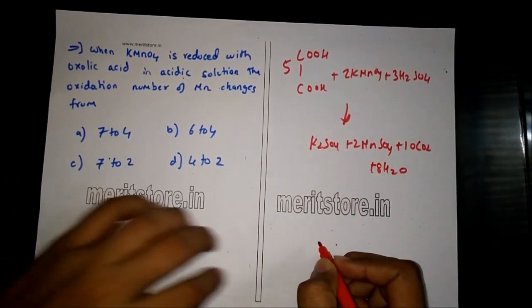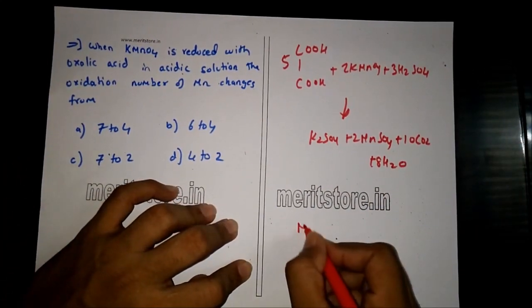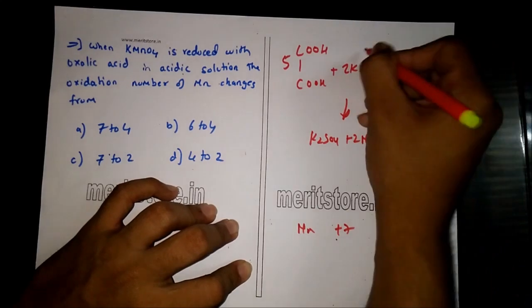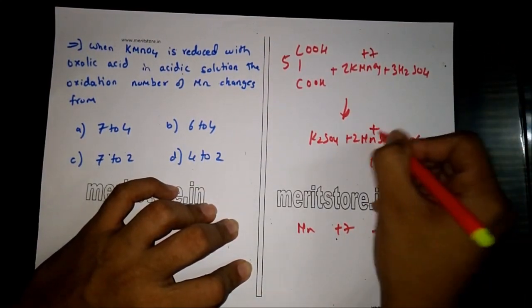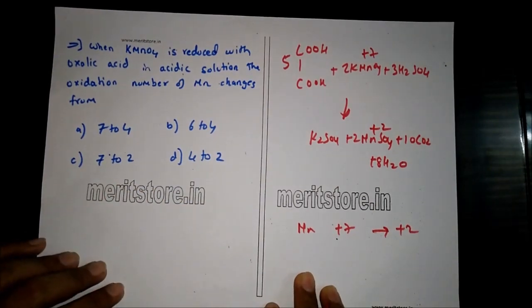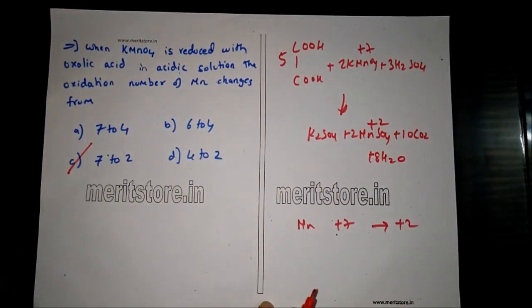Now in this reaction, the oxidation state of Mn changes from plus 7, which is here, to plus 2, which is here. Therefore, the correct answer is option C, 7 to 2.